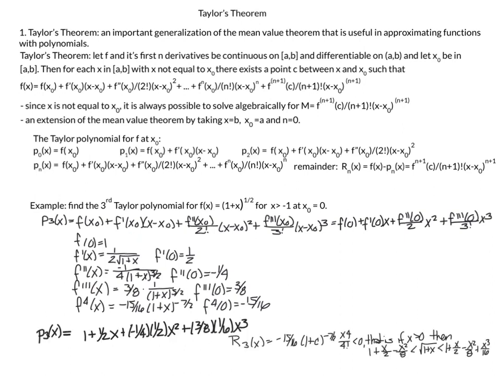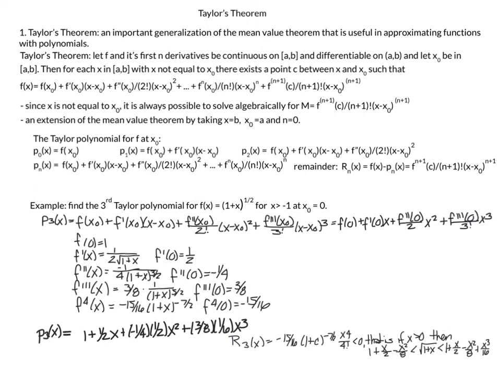Finally, I plug all this into my formula here to get P3 of x is equal to 1 plus 1/2 x plus minus 1/4 times 1/2 times x squared plus 3/8 times 1/6 times x to the third. And here you see my remainder term, minus 5/16 times 1 plus c to the minus 7/2 times x to the 4 over 4 factorial.